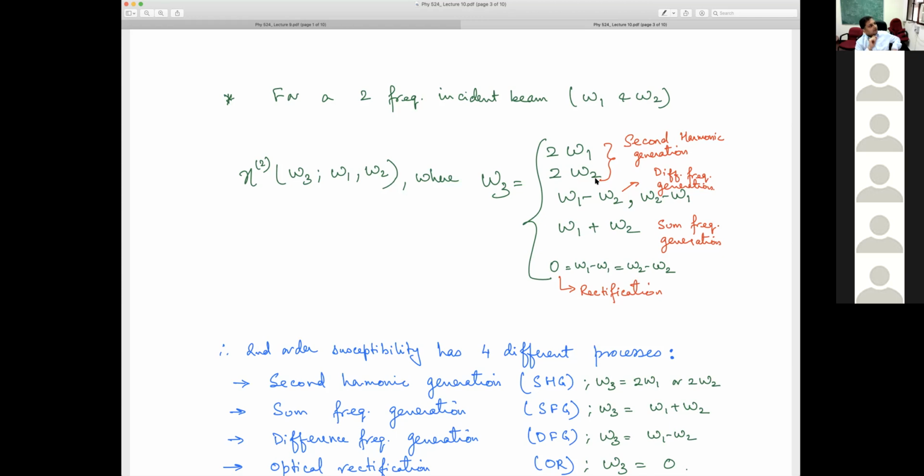Now, the second order susceptibility can come from the second order processes arising from omega 1 beam plus another omega 1 beam, or it can arise from the second order processes involving omega 2 beam plus another omega 2 beam electric field. So these are the first two terms that give me second harmonic generation.